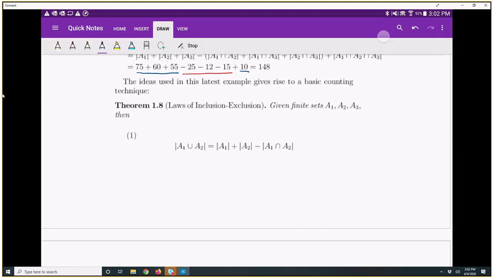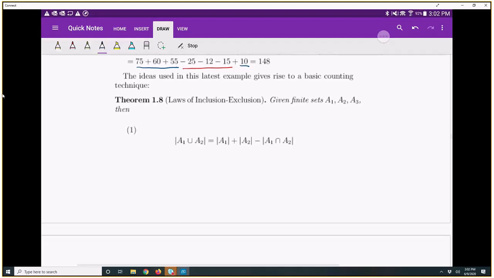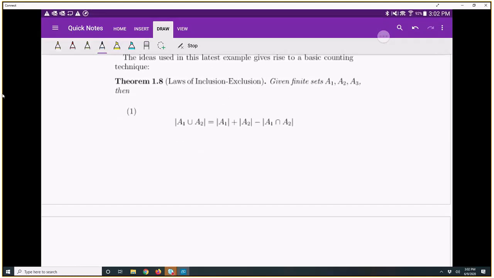What we were just using has a name, and it's called the law of inclusion-exclusion. So if we have finite sets, then the law is going to be that the cardinality of the union of two finite sets is going to be the sum of the cardinalities of the individual sets minus the cardinality of their intersection.